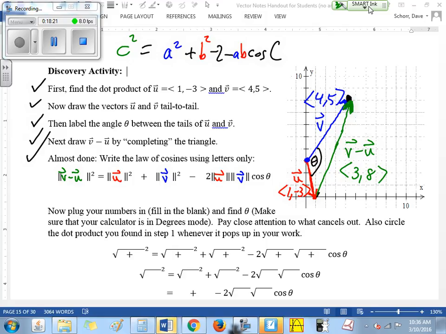So our green side is going to be basically the square root of 9 plus 64. Square root of that, and then, since it's side c squared, there's also a square on there. For side a, it's a 1 and a 9, because I'm squaring the components.